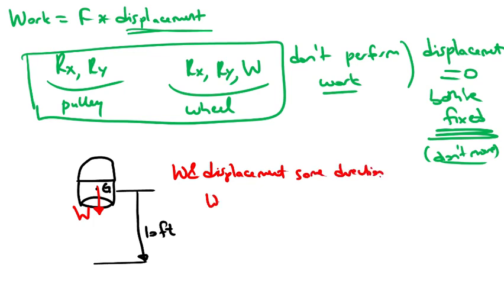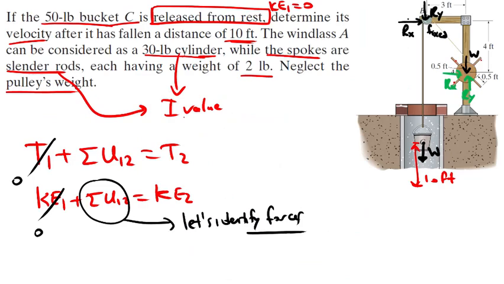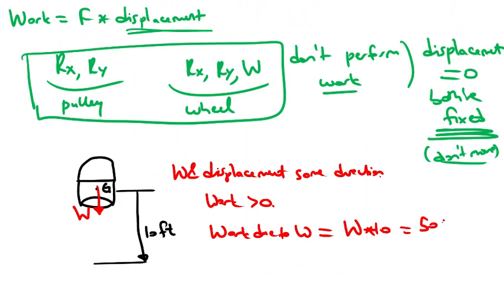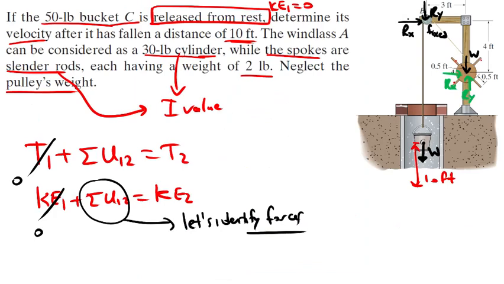Therefore the work is greater than 0. The work due to W will be W times the distance, which is 10. W is 50 lb times 10, which is 500 lb-feet. That is this part of the equation.